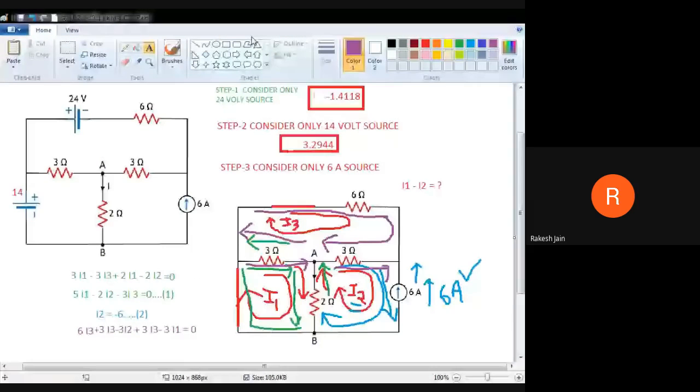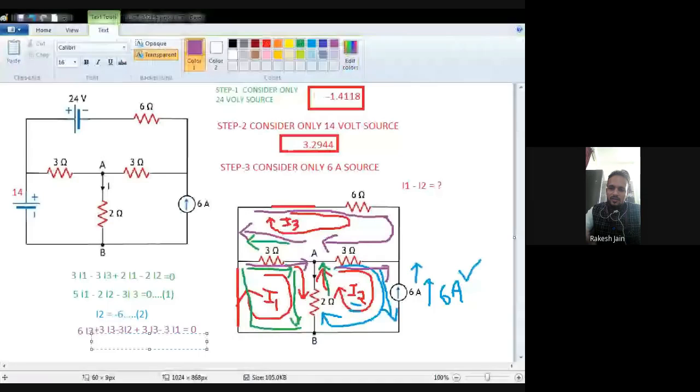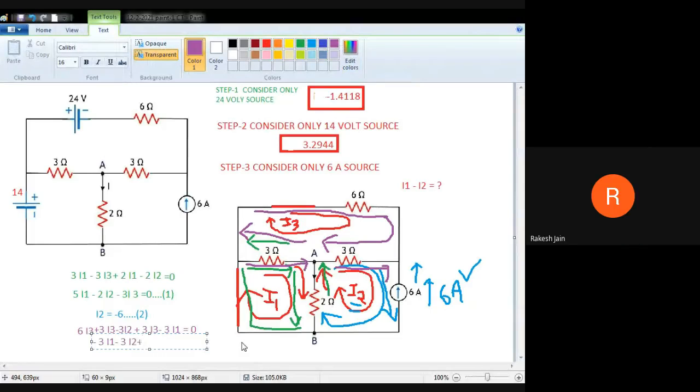No other branch is required because there is no element in this bottom branch. Also there is no element in this branch. So now this is equal to 0. This is my first equation. See very carefully, equation number first.